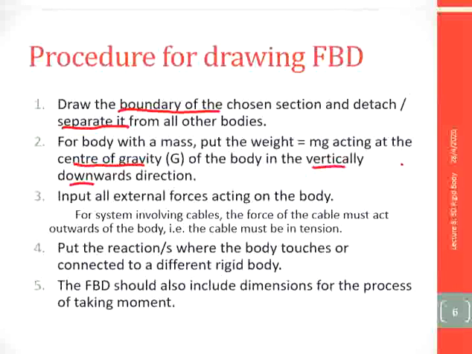For example, you have something here and the mass is toward down, where m is mass and g is 9.81.